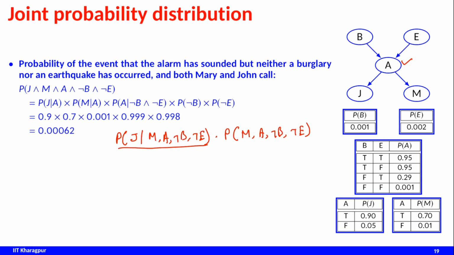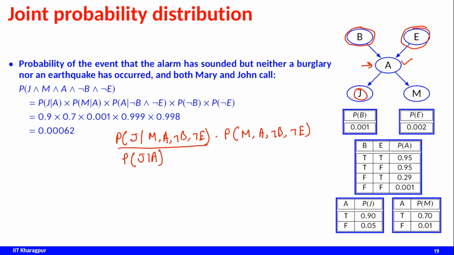So J is dependent only on A. If somebody gives me that A happens, or gives the condition about A, then I will not look into B and E, because J is conditionally independent of them given A. So B does not have a direct influence on J. B influences J through A. So if information about A is given, then J is solely dependent on A. So this part I can simply write as P of J given A.